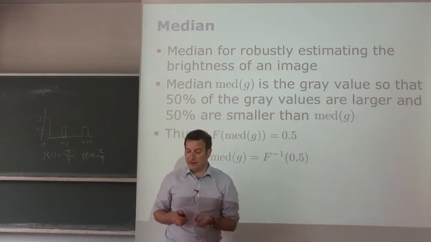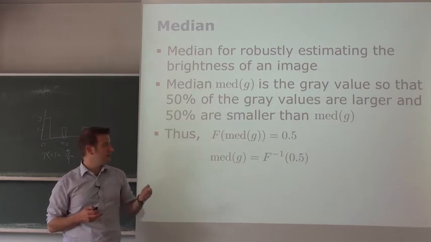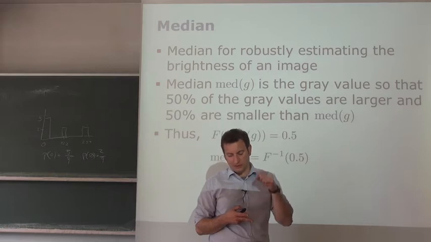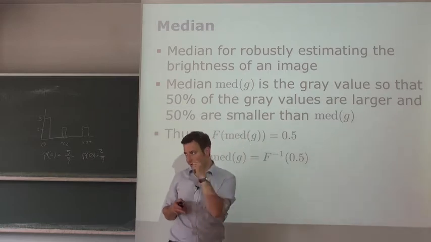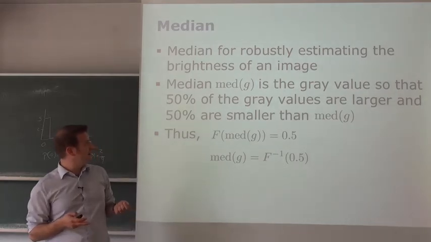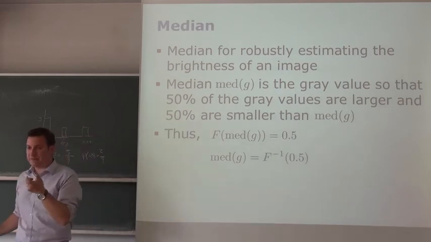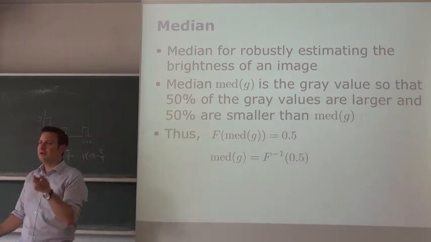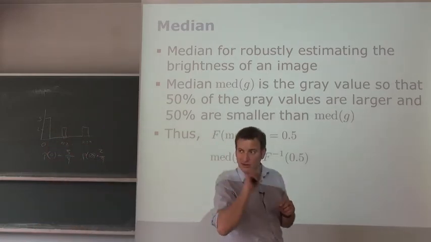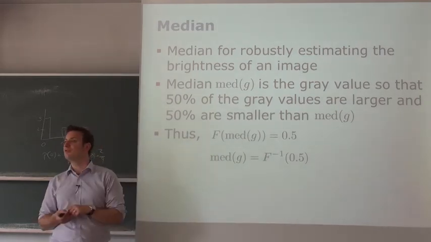So if I, for example, take the median of 0.5, that means also the median of a value G. So if the median of the intensity values of my image G tells me that 50%, or approximately 50%, because we have a quantization error here, is larger and smaller than this value.